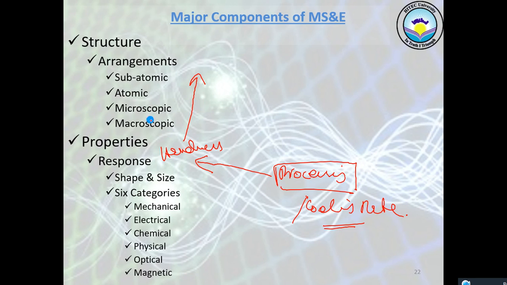So within structure we will go for the subatomic level, atomic level, microscopic level and macroscopic level, and within properties we will go for the shape and size and mechanical, electrical, chemical, physical, optical and magnetic properties. So how these properties are dependent upon the atomic structure, we will look in today's lecture.